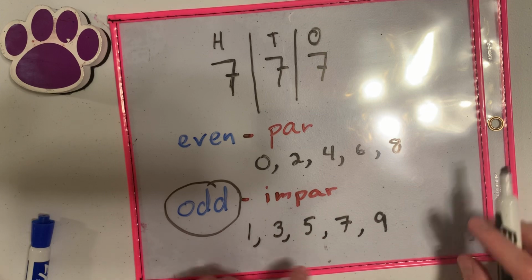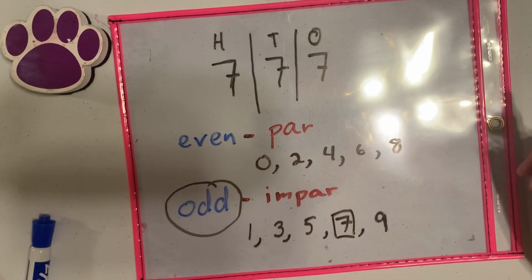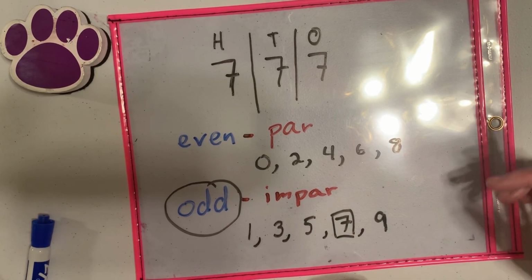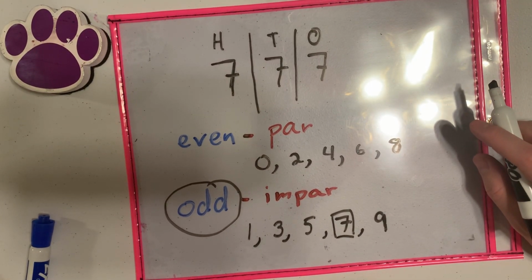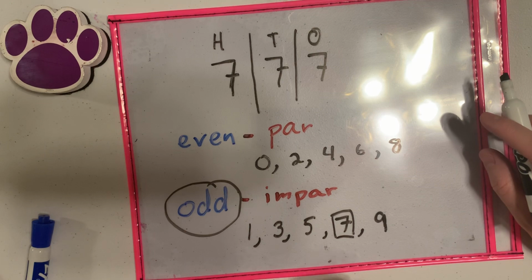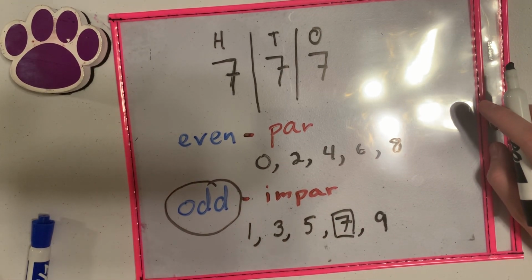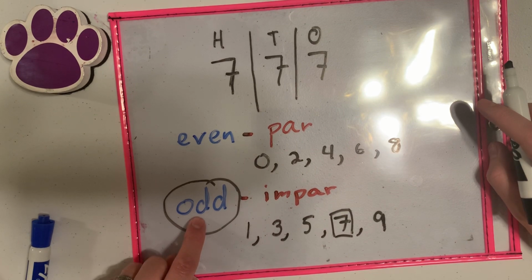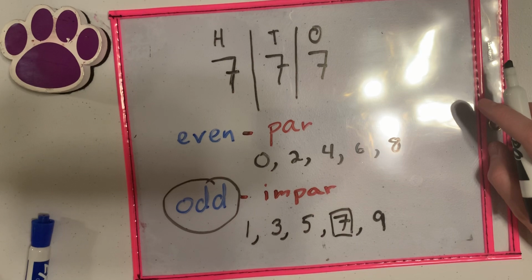Es impar porque termina con el 7. Mira tu número. What's the ones place on your number? Look closely. Does your number finish with an even or an odd number? If it's even, it needs to finish with one of these. If it's odd, it needs to finish on the ones place with one of these numbers.